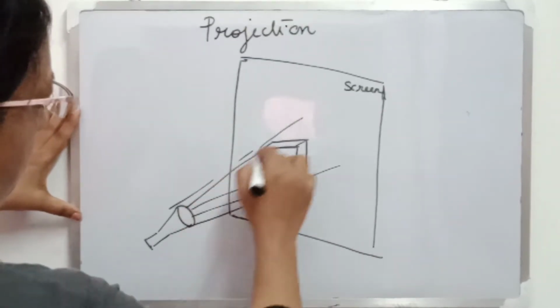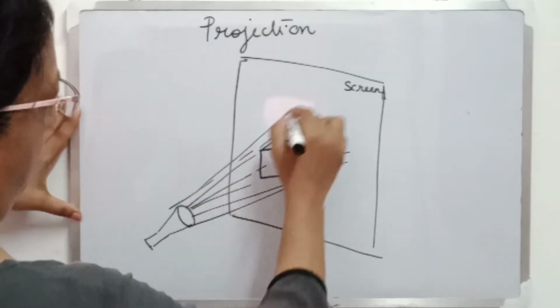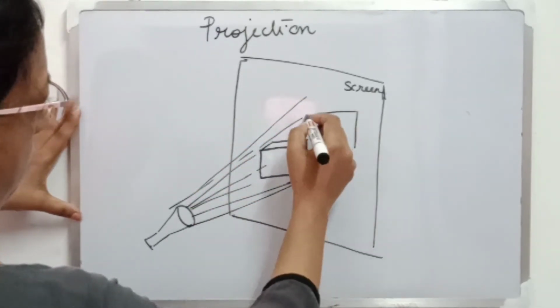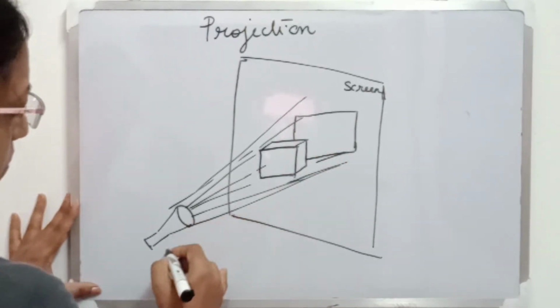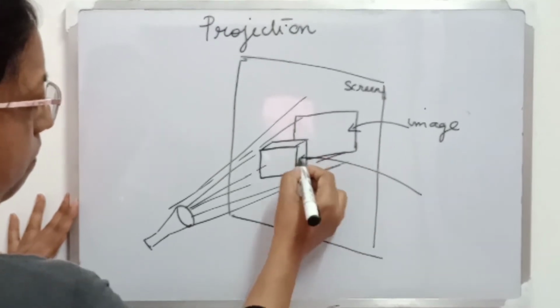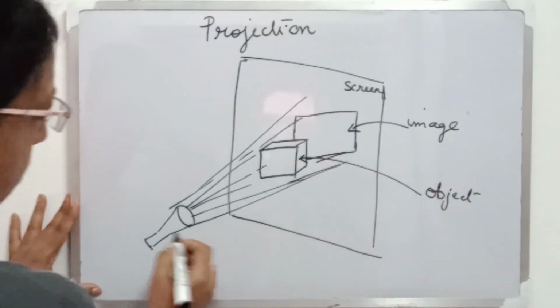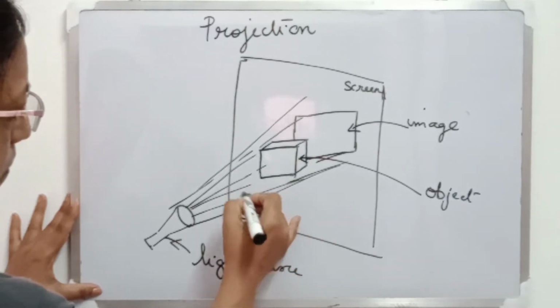So when I switch on the light source, there will be rays emerging out of this light source, passing the object and creating an image of the object on the screen. So this is called the image. You can see that the size of the object and image are a little different.